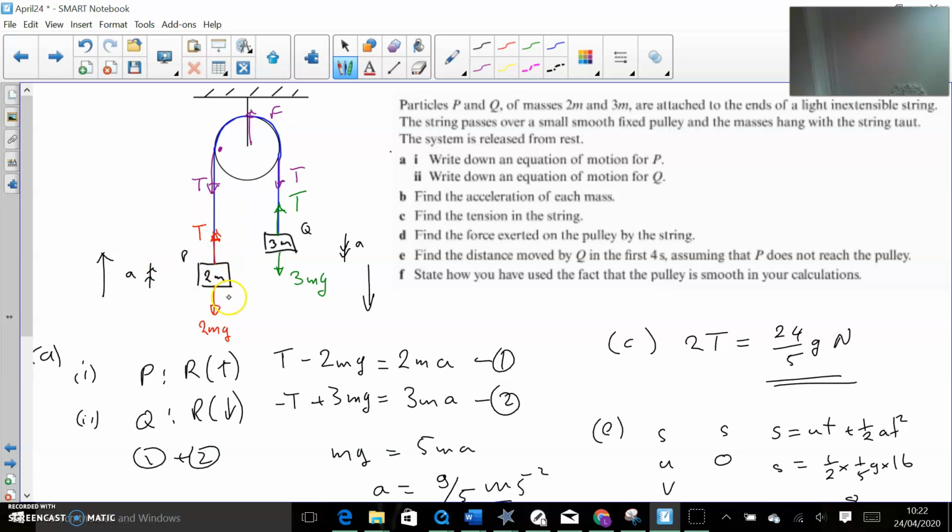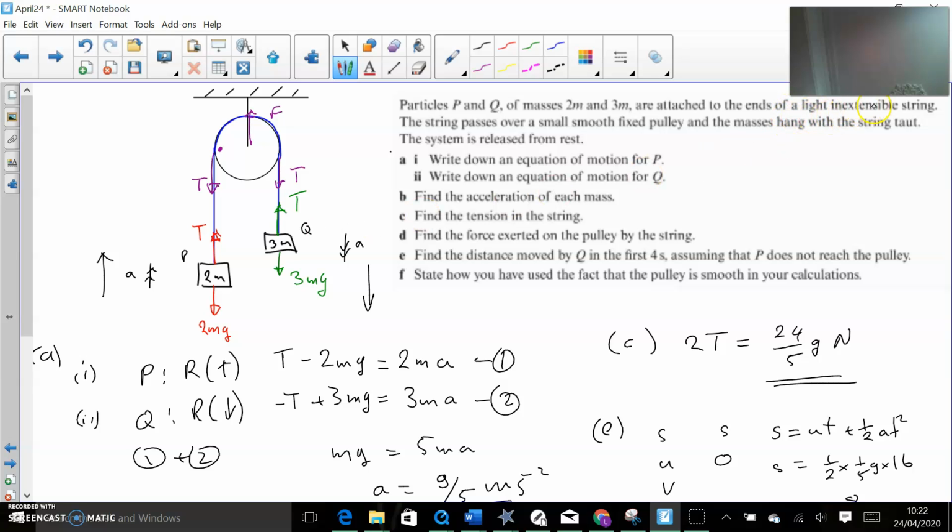So in the equations of motion, when we write T here, and we write the same T here, that is because the pulley is smooth, and also because the string is light. So in these questions, you need two conditions to have the same tension on both sides of the pulley. First of all, you need a light string, and also you need a smooth pulley.